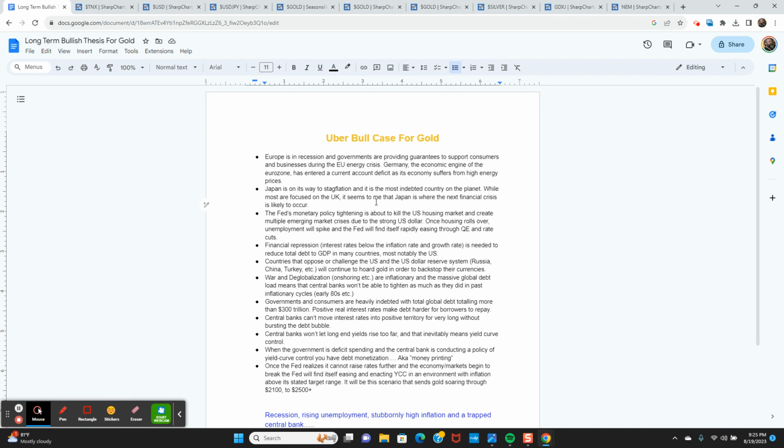Because remember, Japan has the biggest debt of any country in the world, definitely per capita, a massive debt burden, a very weak economy with poor demographics. They're not having kids. The young population is shrinking, and the population is getting older, right? So you have a massive government debt burden.